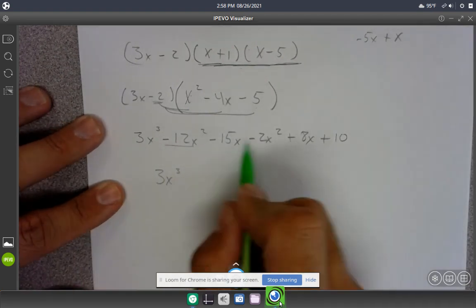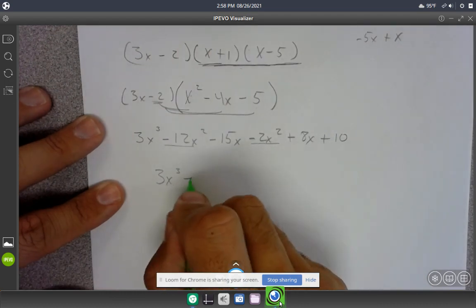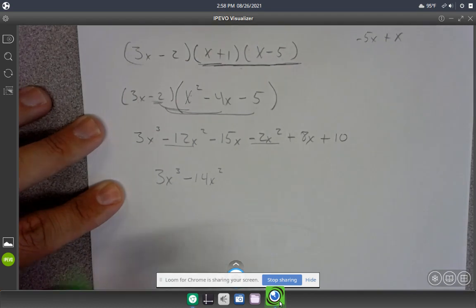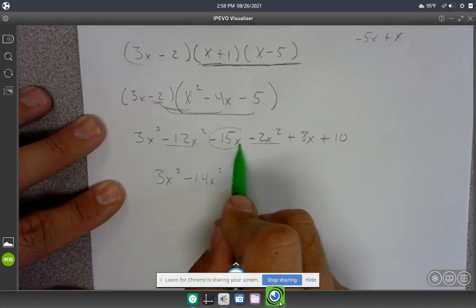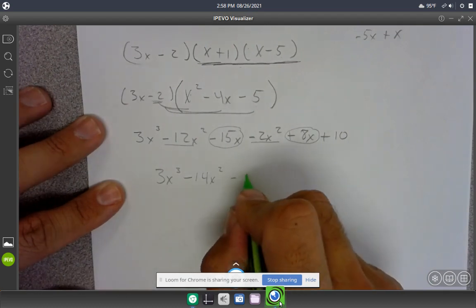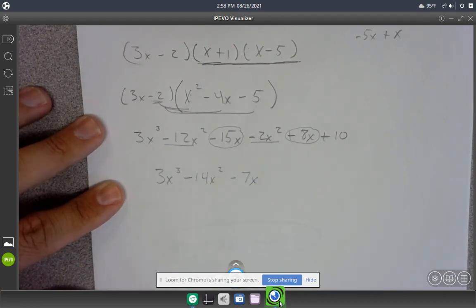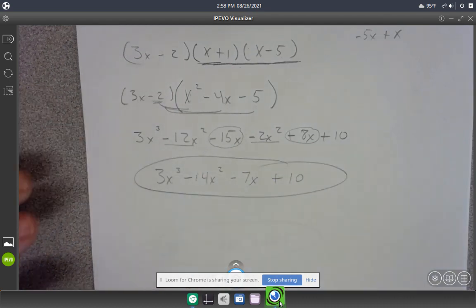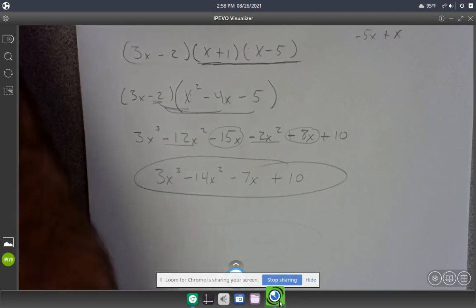All right, those two terms give us negative 14x squared. And then we've got negative 15x and positive 8x, which gives us negative 7x. And then we still have that plus 10 there. All right. That's a review of simplifying the polynomials.